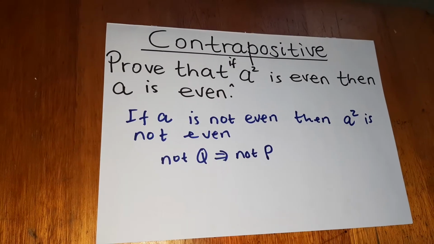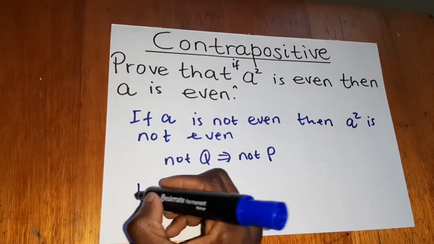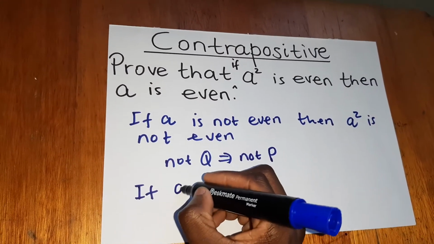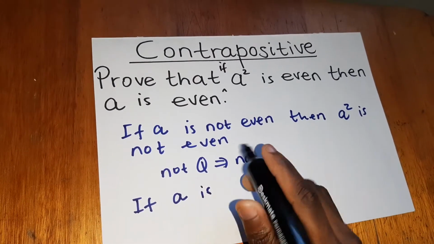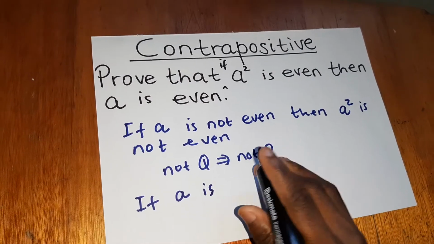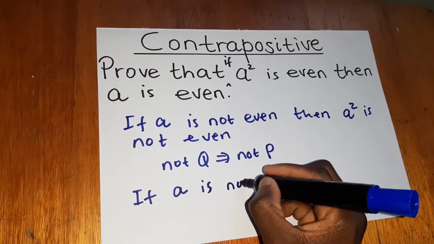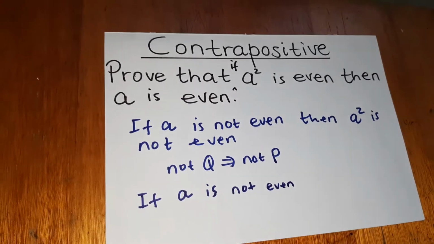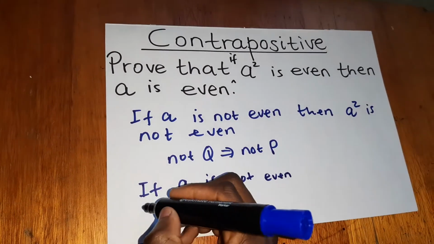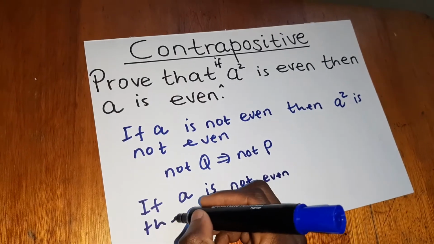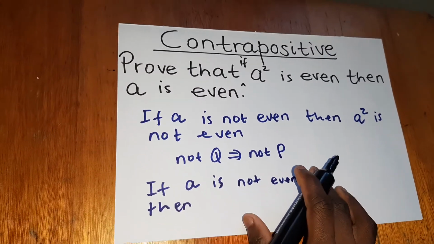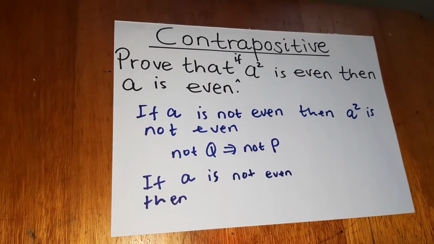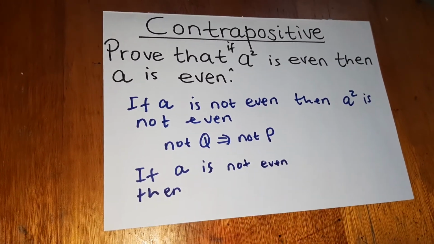So from here, we can say if our A is not even, then our A can be expressed in terms of the opposite of an even number, which is odd.